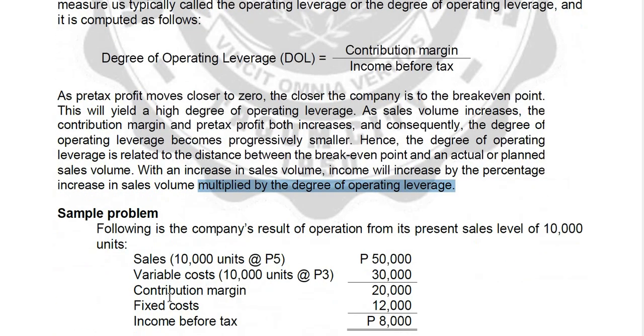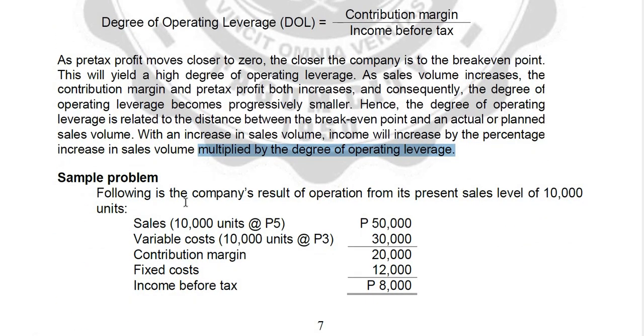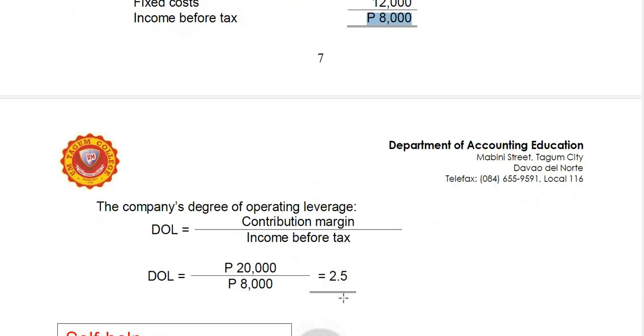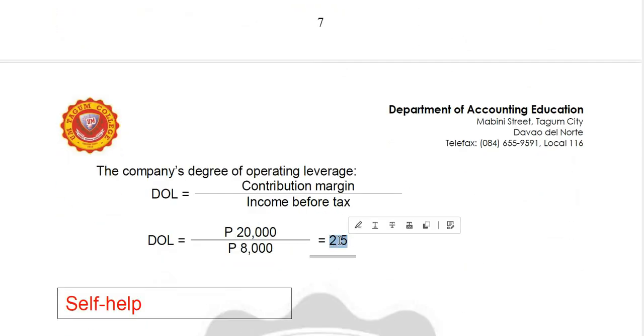So, there is a sample problem here to show how to compute the degree of operating leverage. The contribution margin, you divide it by income before tax. So, that's 20,000 divided by 8,000. How much will it give us? 2.5 times. So the degree of operating leverage means that if sales volume increases by 10%, the operating income, or income before tax, will increase by 2.5 times that.